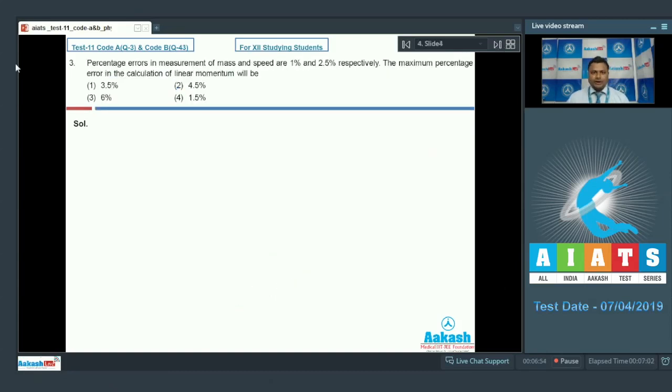Here is question number 3, everyone. A percentage error in measurement of mass and speed are 1% and 2.5% respectively. The maximum percentage error in the calculation of linear momentum will be what? The question is basically from error. We know very well that the linear momentum P is given by mv. Now, we must be knowing that the relative error in P then will be given by relative error in m plus relative error in v, where m is mass, v is speed.